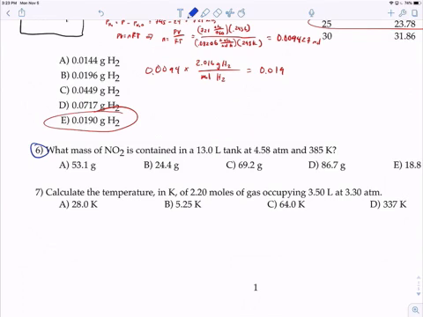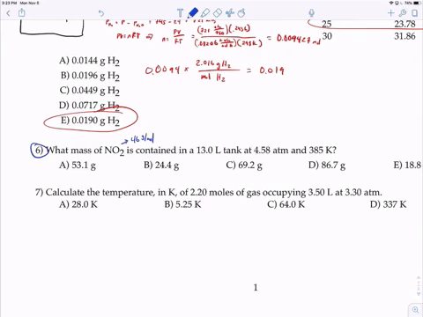What amount of NO2? And we already know it's 46 grams per mole. We just solved that. In a 13-liter tank at 4.58 atmospheres and 305 Kelvin.